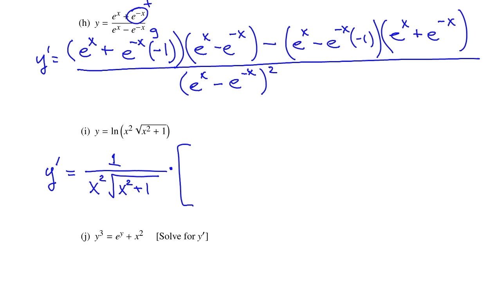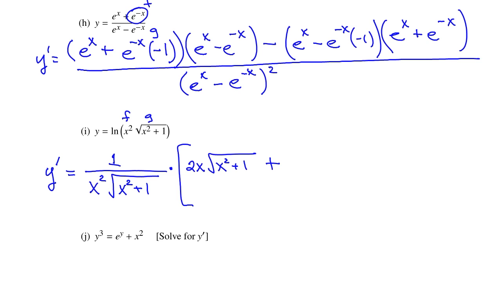The inside is a product, so we're going to have an f and a g. The derivative of f is 2x times g unchanged plus the derivative of g.